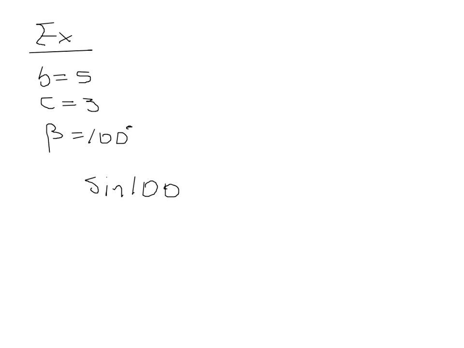All right, here's another example. B equals 5, C equals 3, beta equals 100. Okay, so I start off, sine of beta over B is equal to sine gamma over 3.